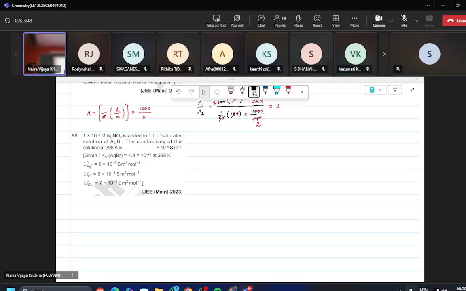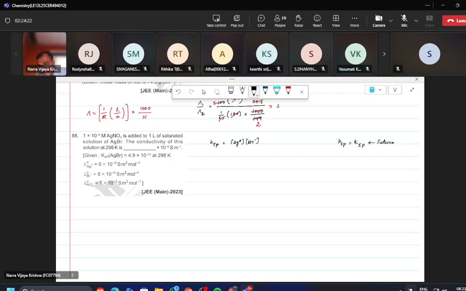Read this question carefully, sir. They gave lambda naught values. They are saying you are adding 10 power minus 4 molar AgNO3 to a saturated solution of AgBr. Solution is saturated means KSP equals concentration of Ag plus into concentration of Br minus. If KSP equals KIP, then it is called a saturated solution.